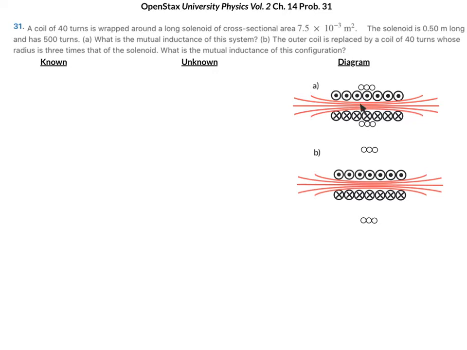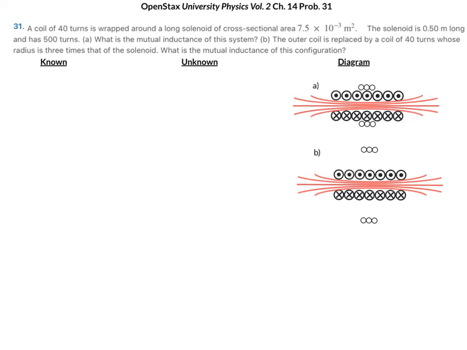So since the magnetic field is inside the solenoid and the coil is wrapped around the solenoid, this is the magnetic field that is inside the coil as well. In this part, we have the same situation where the magnetic field is inside the solenoid, but now the coil is farther away. So now that we know what the setup is like, let's write down the knowns and unknowns.